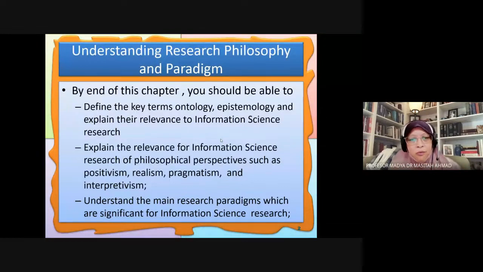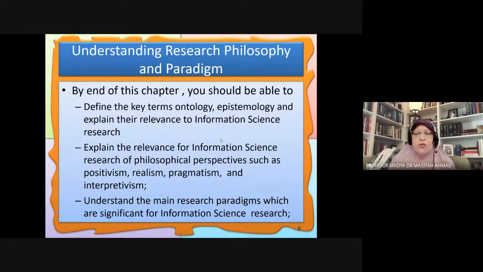Don't worry, we will go through each slide, and I hope you will understand the main research paradigms that are significant for your information science research. This is what you should be able to do when we finish this chapter.